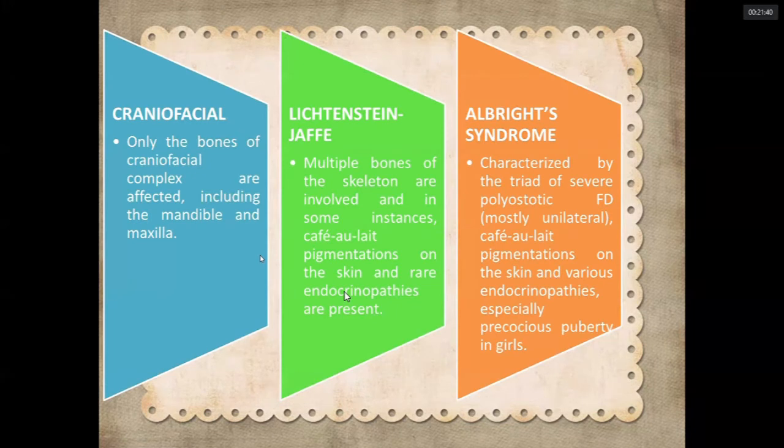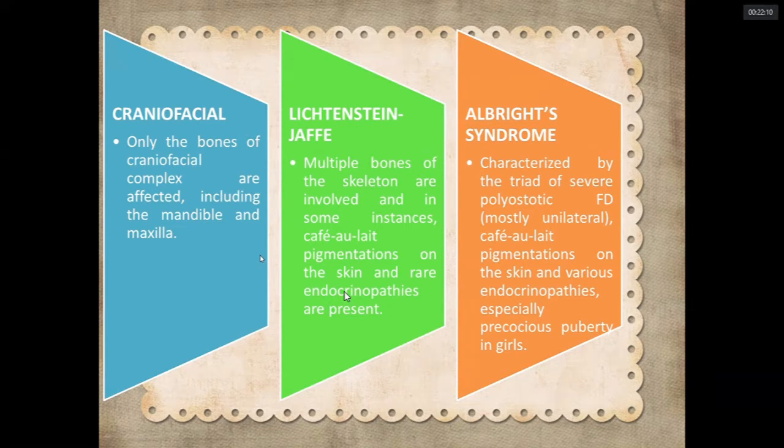The polystotic form of fibrous dysplasia can be divided into three types: the craniofacial form, the Lichtenstein-Jaffe form, and the Albright syndrome. Polystotic can be subdivided into the craniofacial form, where there is involvement only of the bones of the craniofacial complex, including the mandible and the maxilla.